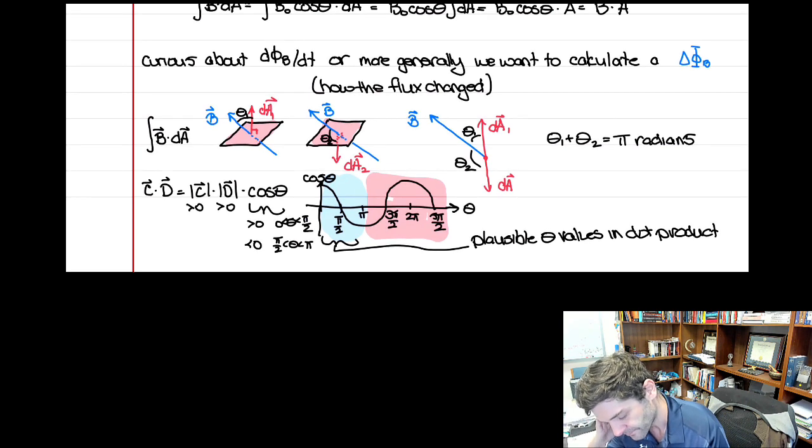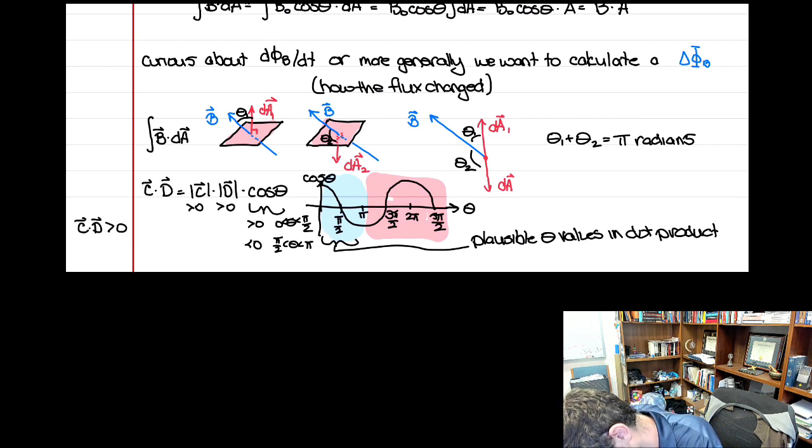Said another way, the dot product is positive for 0 less than theta less than 90 degrees, and then C dot D is less than 0 where 90 degrees is less than theta less than 180 degrees.